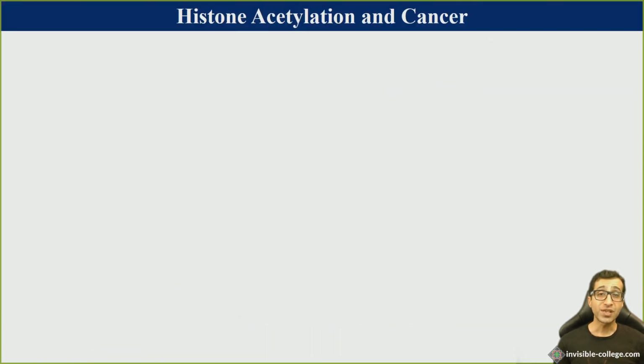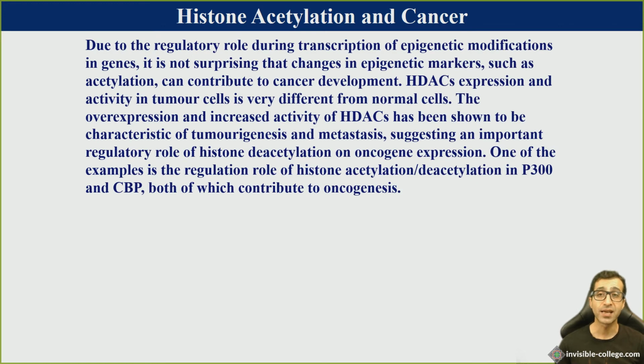Now, due to the regulatory role during transcription of epigenetic modification in genes, it's not surprising that changes in epigenetic markers, such as acetylation, can contribute to cancer development. So HDAC expression and activity in tumour cells is very different from that in normal cells.